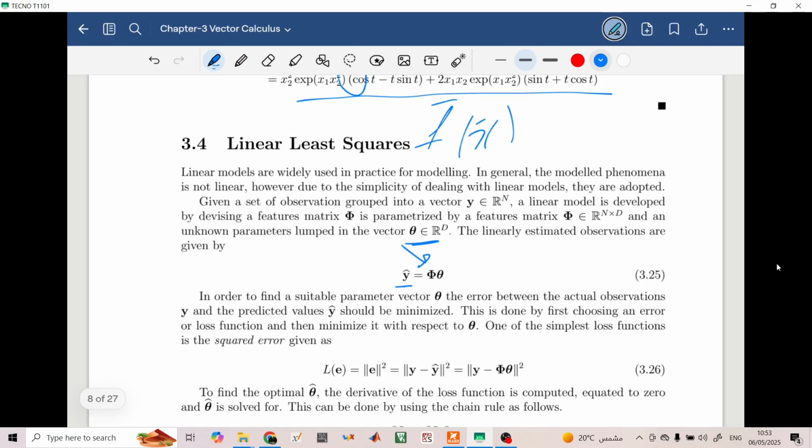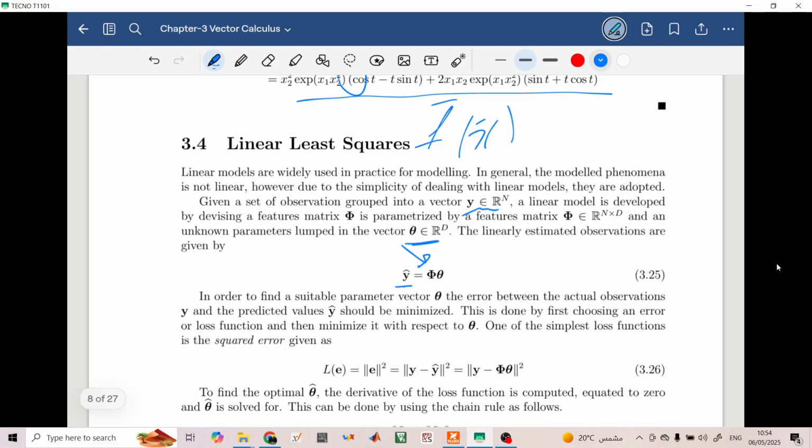So let's say that we have a set of observations y of some phenomenon or some rule, right? Usually y is very complicated with respect to theta. So theta is our variables. We want to relate y to theta. Now usually in engineering we have two cases. Either that we don't know the actual relationship between y and theta.